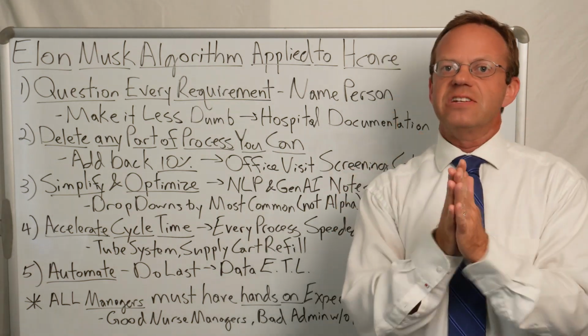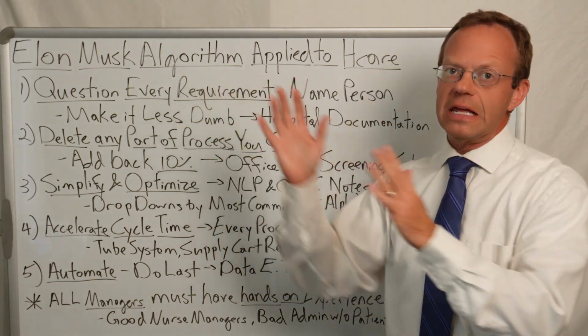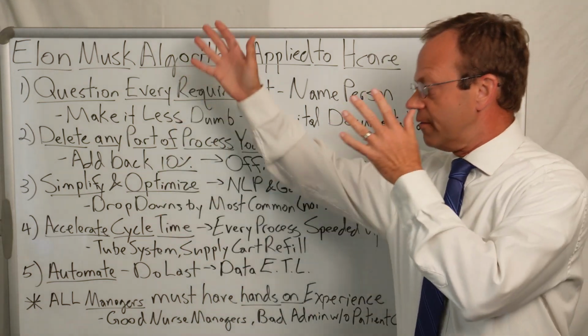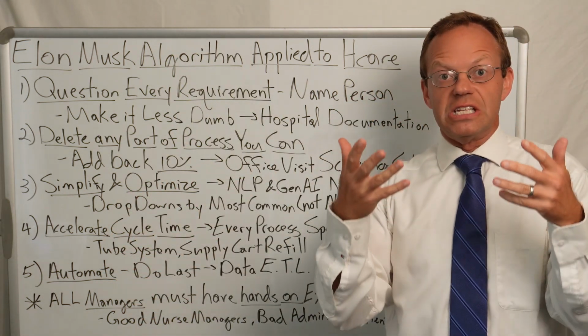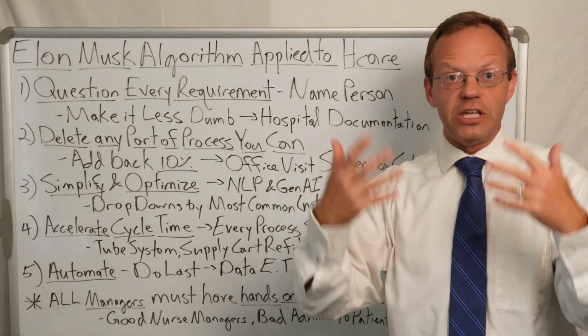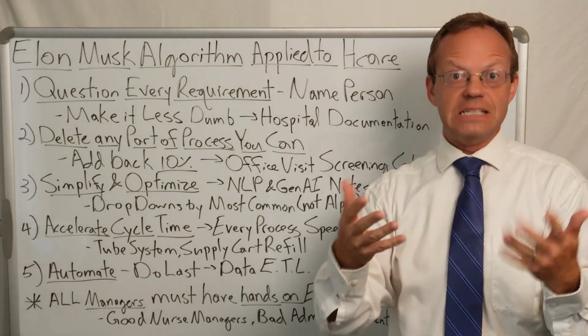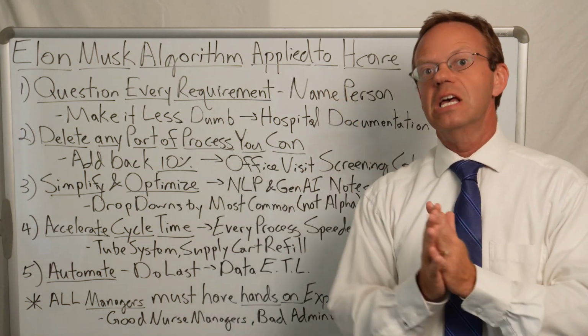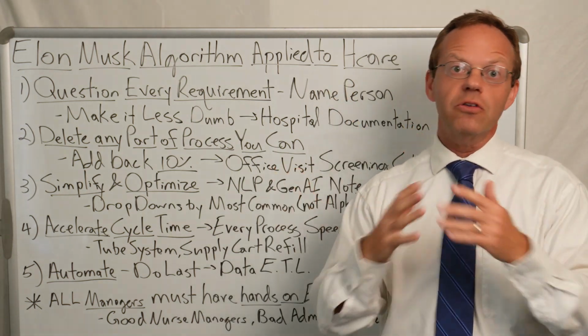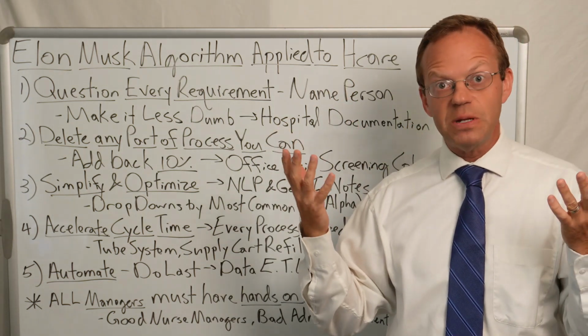And one of the fascinating pieces of information in the Elon Musk biography is the five-step algorithm that he uses essentially to accomplish these amazing tasks that he's accomplished in regards to the creation of reusable rockets, electrified vehicles, and all the other things that he's been doing.